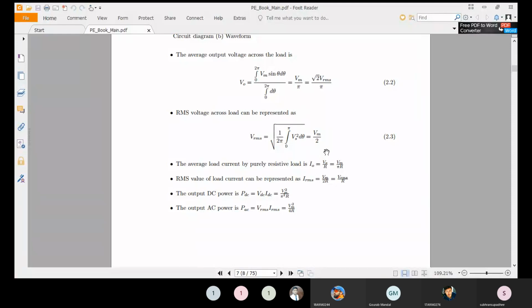That is Vm by 2. Similarly, average load current, because it's a purely resistive load, there is no need of a more complicated equation. I0 equals V0 by R, as simple as that. So I0 equals Vm by pi divided by R, so Vm by pi R.